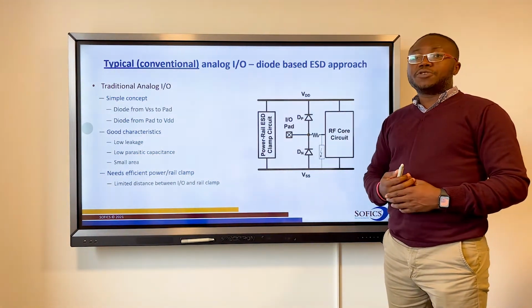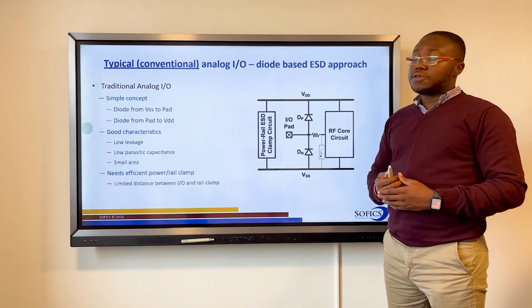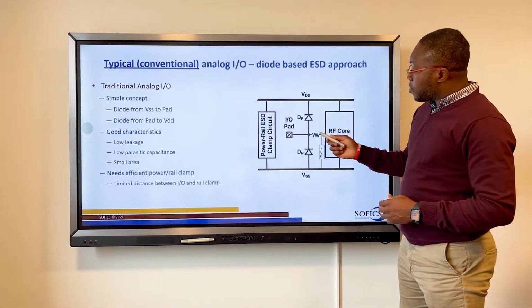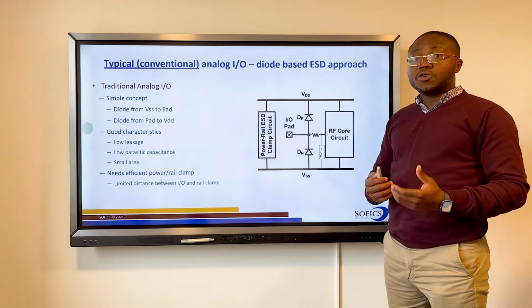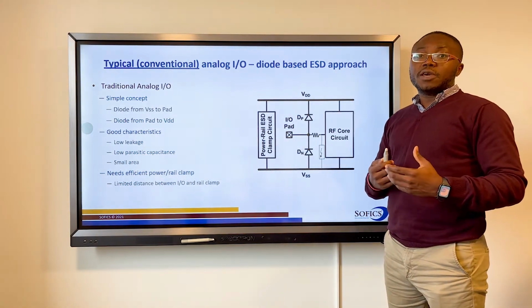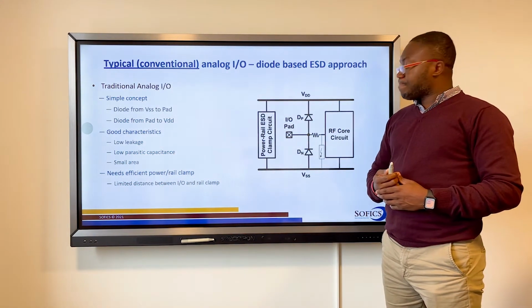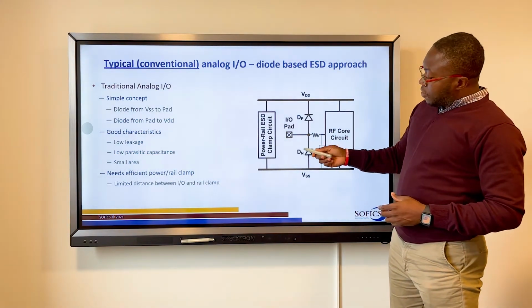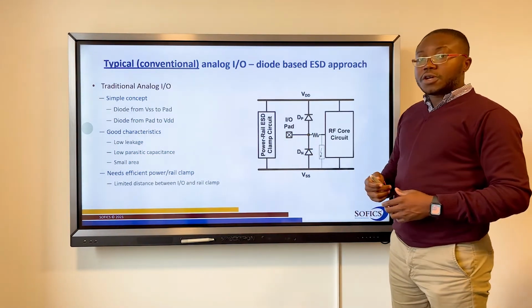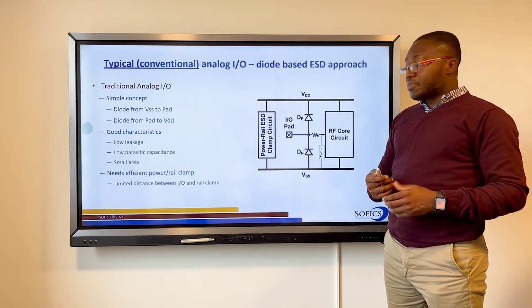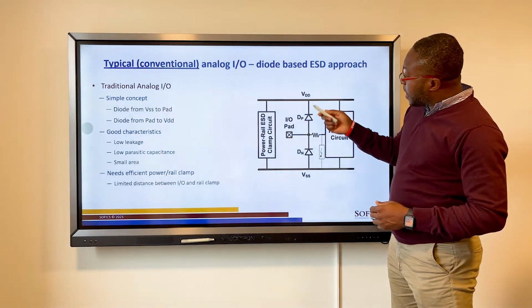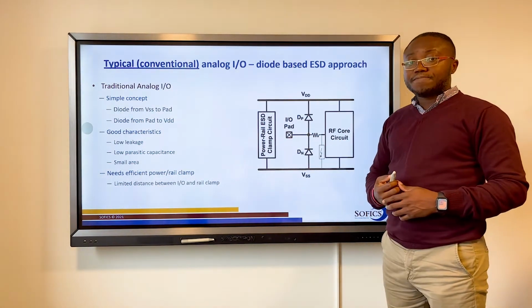This simple ESD protection scheme has several drawbacks. First, we have the isolating resistance, which can introduce a lot of noise and severely impact performance at high speeds. Second, we have the ESD diodes, which can introduce excessive parasitic capacitance between the IO pad and the power supply lines.